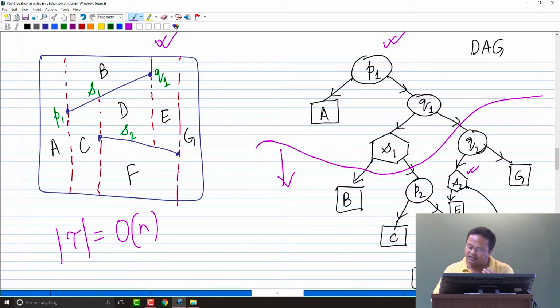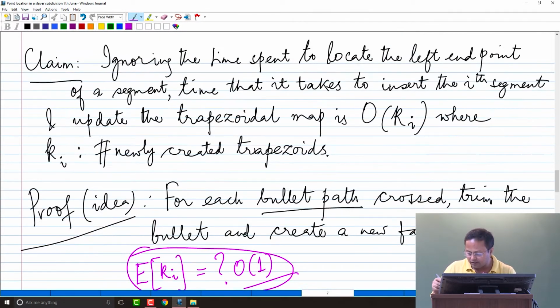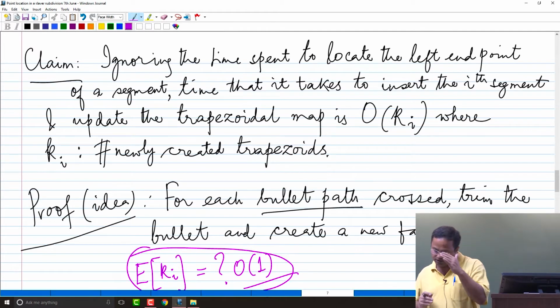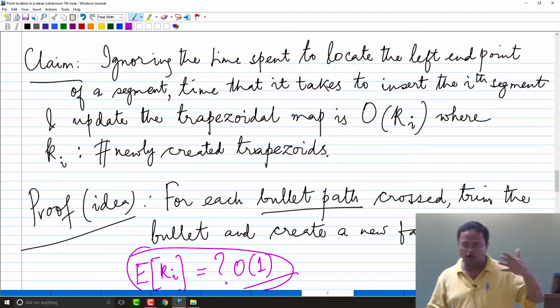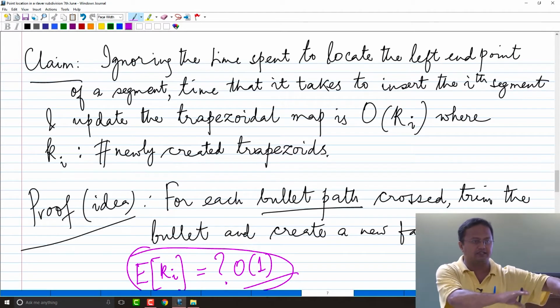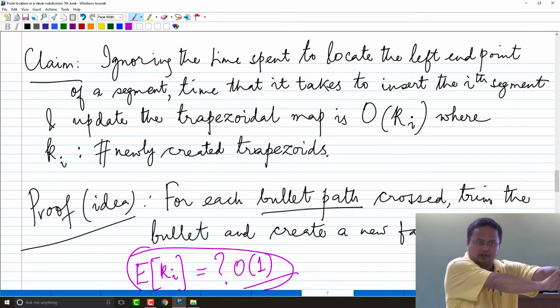Essentially, I will show you with a few case analyses what the size of the data structure is, the growth in the data structure for each creation. We have argued that when you inserted the ith line, you only make, in expectation, a constant size change in the geometric decomposition.